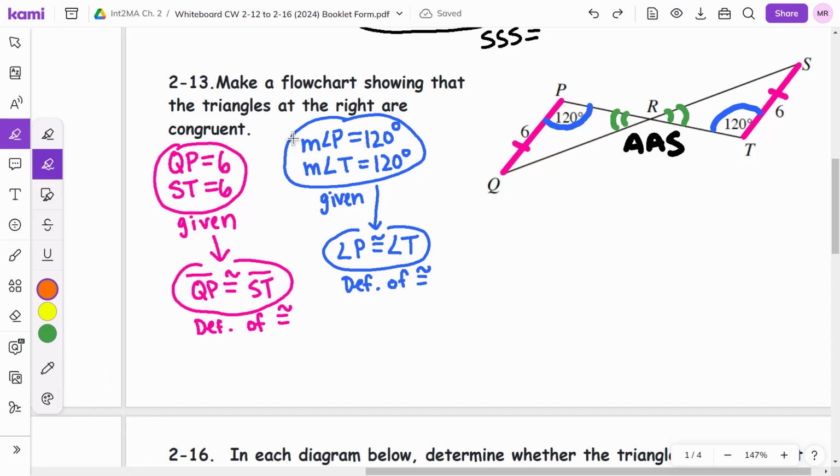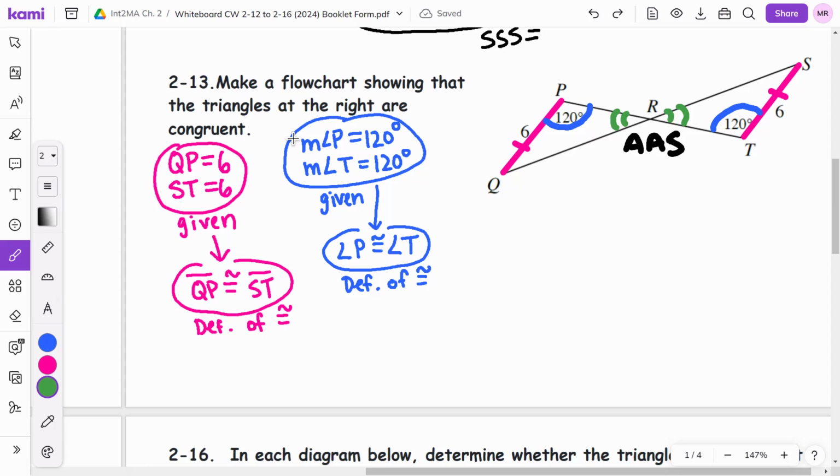Now, what has to happen is the R, which is where the vertex is of that angle, has to be in the middle. For the other ones, I wasn't given the marks saying they were congruent, I was given measures. I had to say what the measures were and then say that they're equal, and that led to congruence.